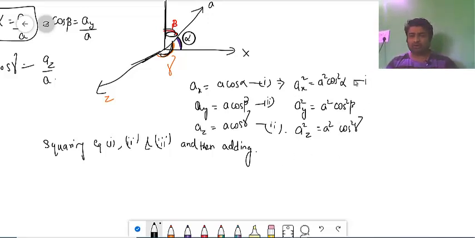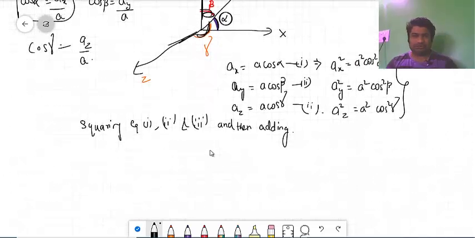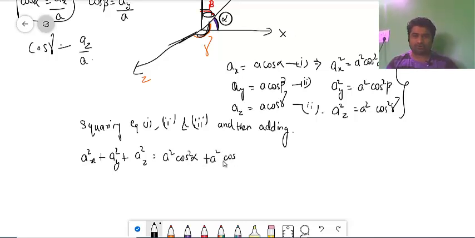Now add all these three equations. So ultimately what you are getting, a square x plus a square y plus a square z equals to a square cos square alpha, a square cos square beta plus a square cos square gamma.